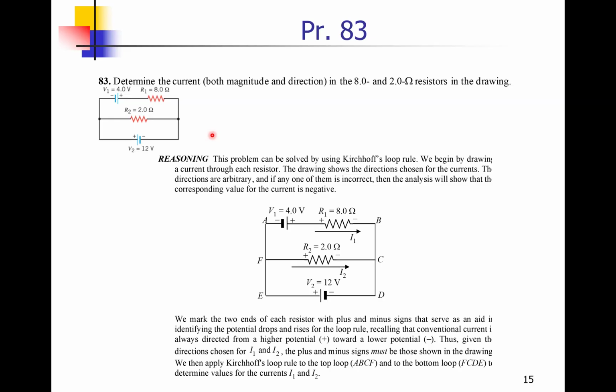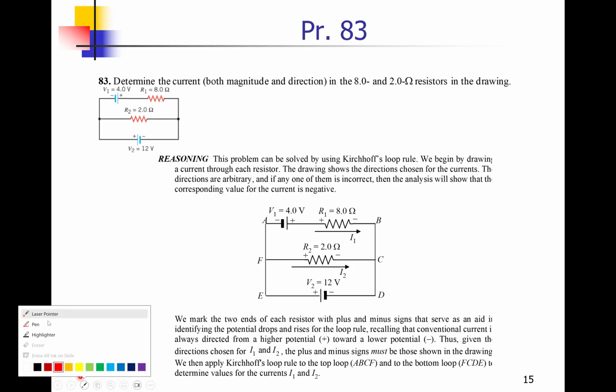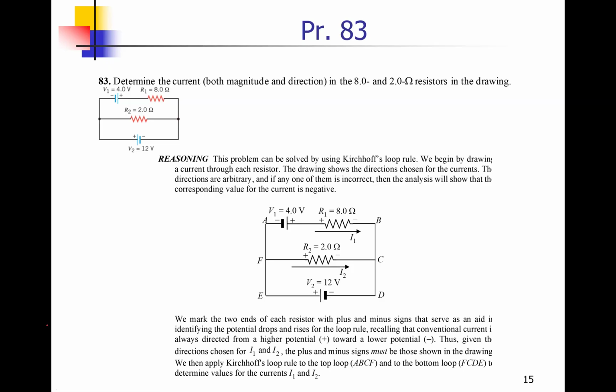We are going to assume this current flows this way, and we label this I2 because it went through R2. And we assume the other current flows this way, and this is I1. We are going to use Kirchhoff's loop rule to do the problem.